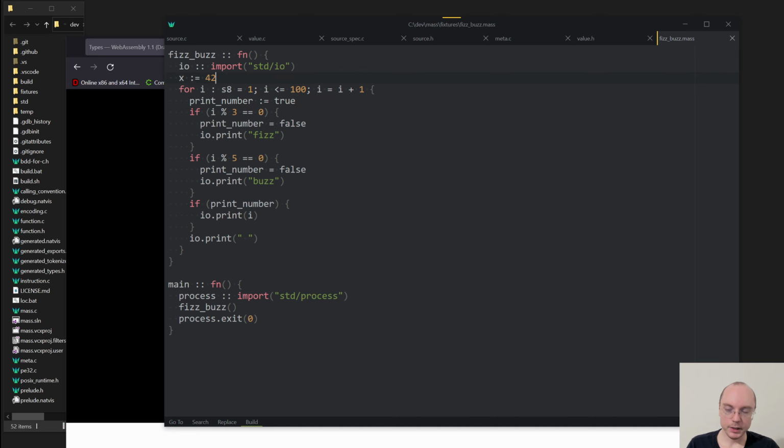Now, one thing that might be annoying, and something that I was thinking about how to do, is ideally you would like to be able to do something like this. But as I told you, when you don't specify the signedness of the number at the definition side, so it will be this I64, I need to decide which kind of multiplication I will do here. Is it going to be a signed multiplication, or is it going to be unsigned multiplication?